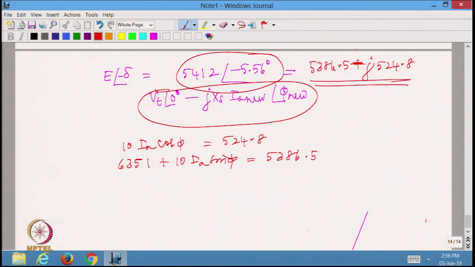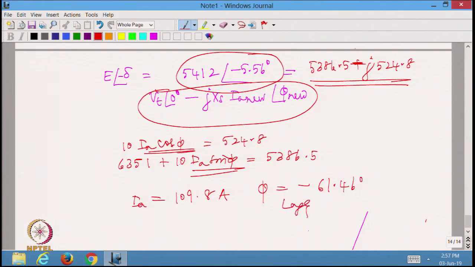Okay. Now, from this I should be able to solve for cos phi as well as Ia. So, Ia happens to be 109.8 ampere and phi happens to be minus 61.46 degrees. This is lagging clearly.